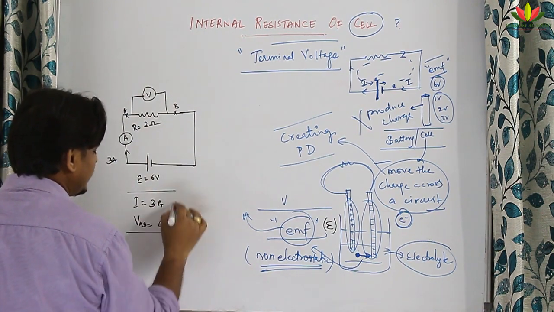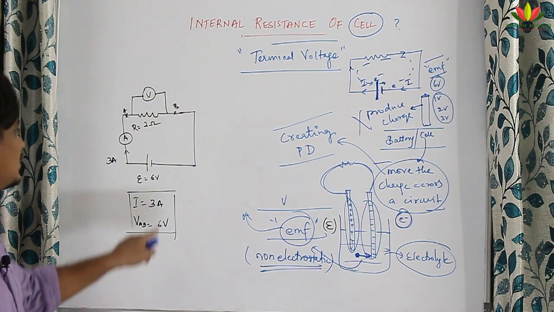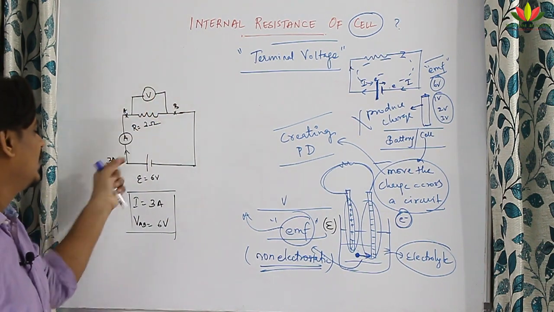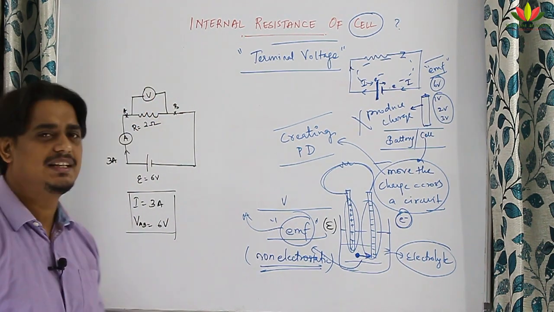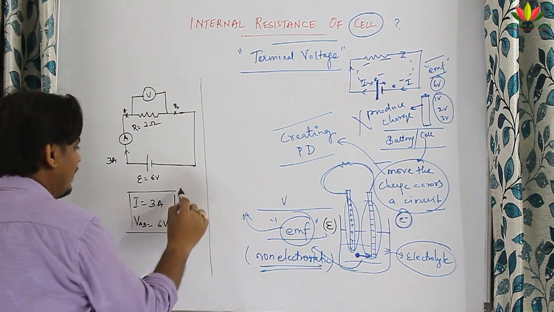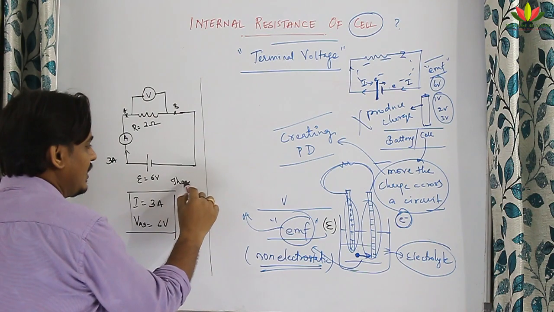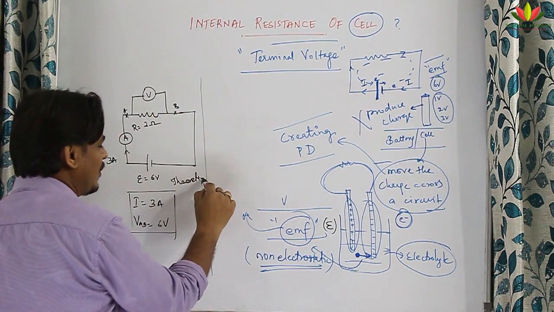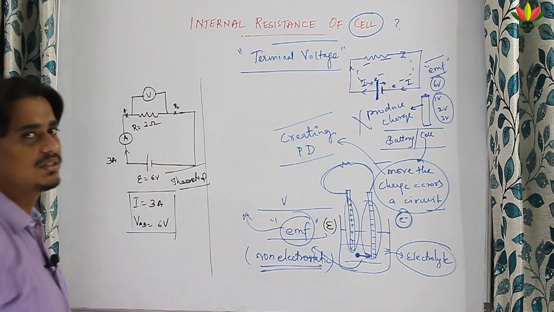This should be our expectation: the potential difference across AB is 6 volt and the current coming out of the cell is 3 ampere. This is the theoretical value, what we find by our calculations.